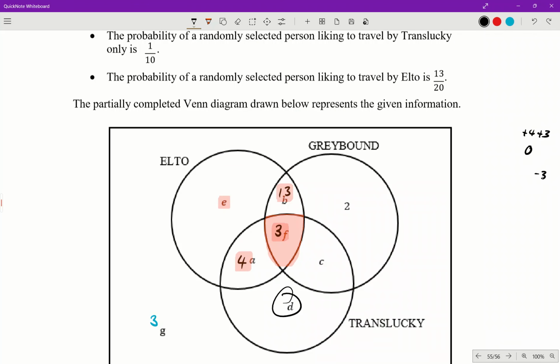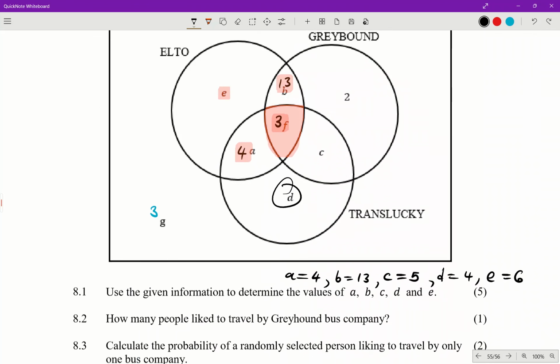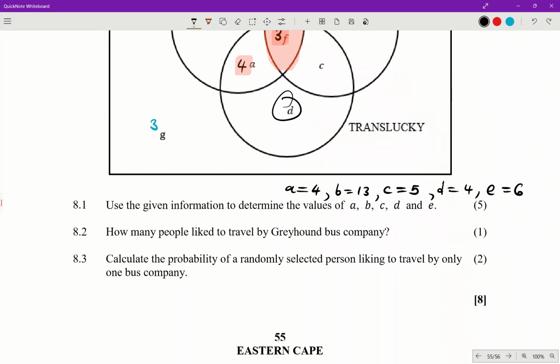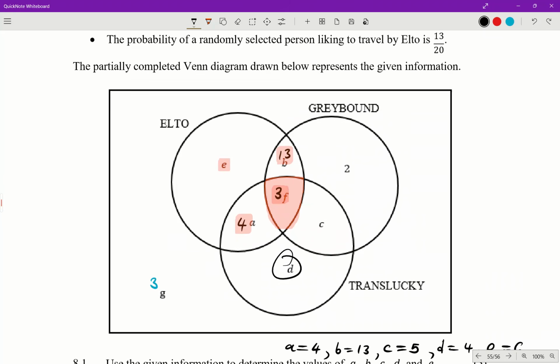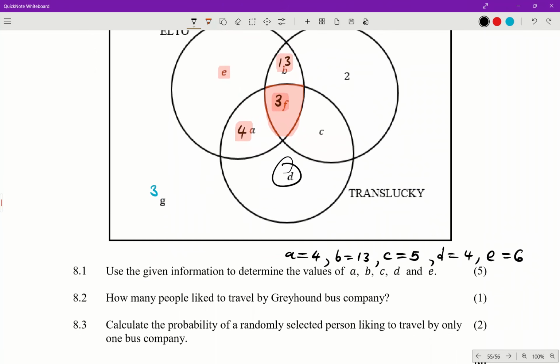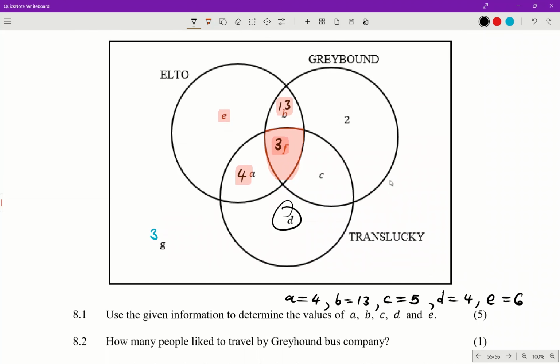So let's go back to the question. How many people like to travel by Greyhound bus company? So that's very simple. They're not talking about the probability. So I'm just going to say, where is Greyhound?